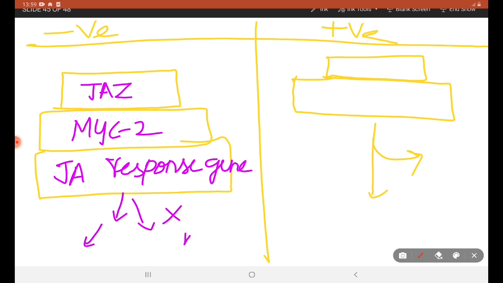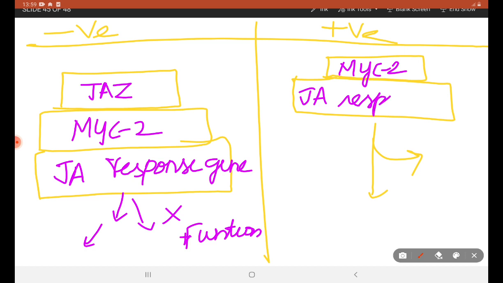No function. In the presence of jasmonic acid, MYC2 and JA response genes, JAZ degrades.